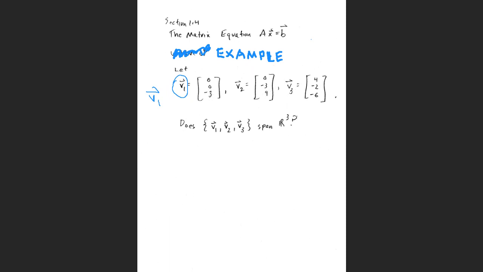We want to know if this set of vectors v1, v2, v3 spans three-dimensional space, R3. That means, can any vector in R3 be written as some linear combination of those three vectors?